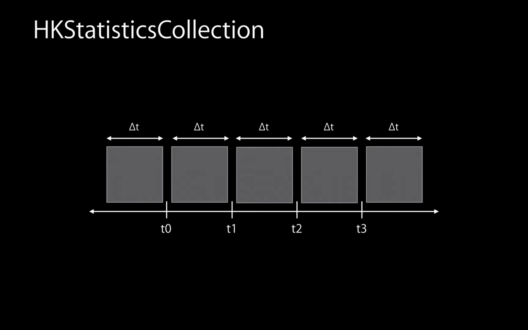Let's take a look at how this actually works. In this diagram, each of our gray boxes represents its own HKStatistics object. We call our delta t our interval components, and this is an NSDateComponents object.